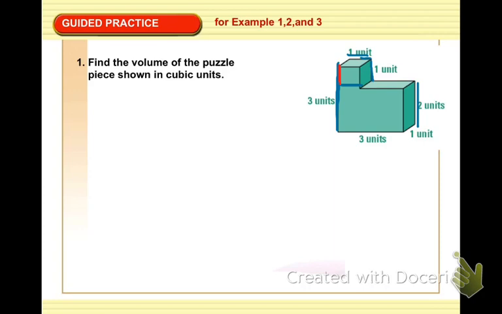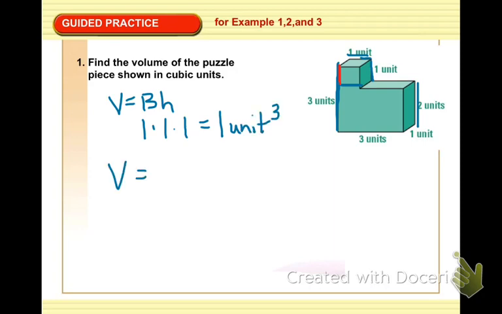So we have volume is equal to the area of the base times the height. And for the cube, the area of the base will be 1, length times width times height. So we have 1 unit cubed. And same for our rectangular prism that's on the bottom. The length would be 3 times the width of 1 times the height of that one, 2, which is 6 unit cubed.